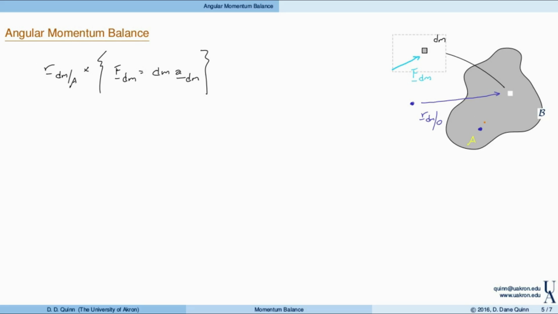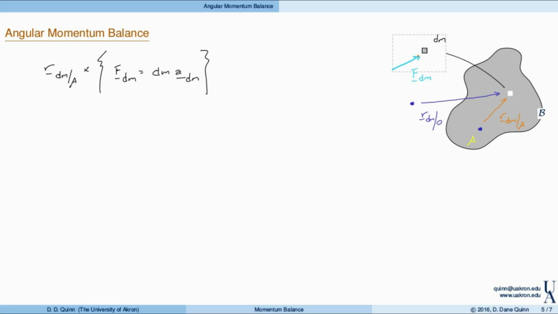Then we have the position of dm with respect to A. And we'll take sum of the forces as mass times acceleration, linear momentum balance on this element, and we'll take the cross product of that with the position of dm with respect to A. So this is angular momentum balance for any individual particle.